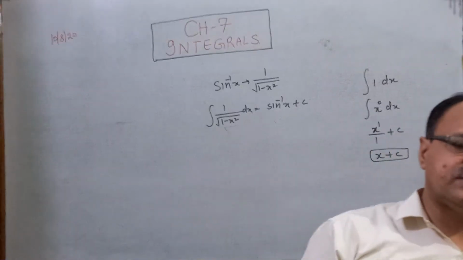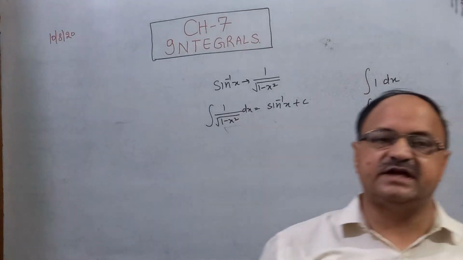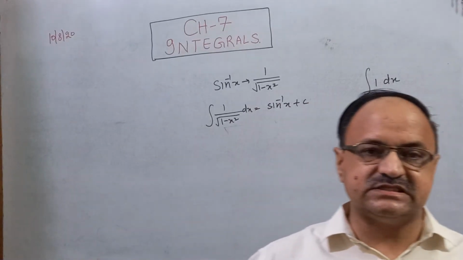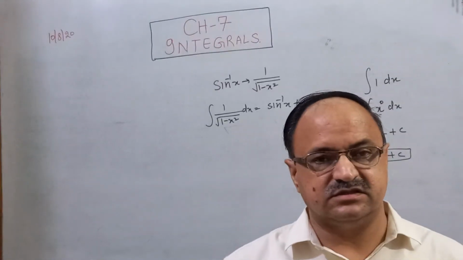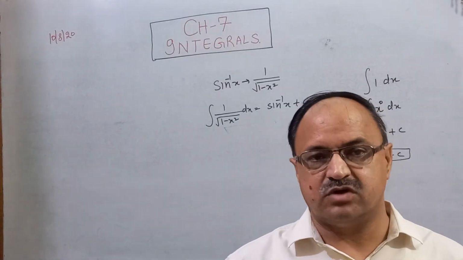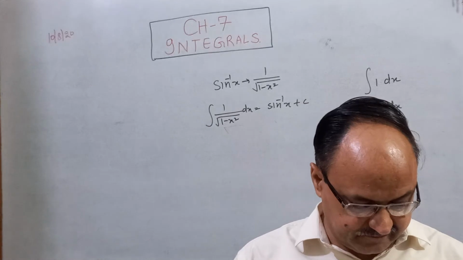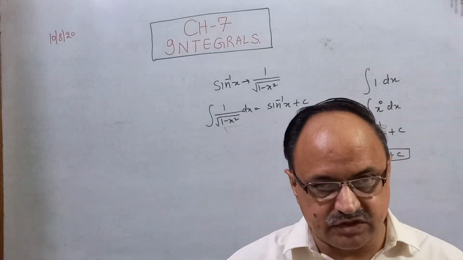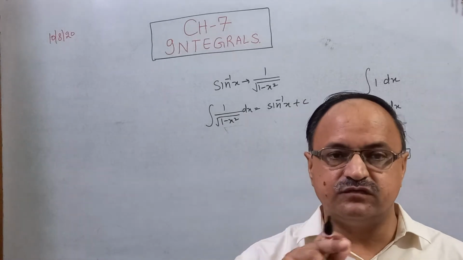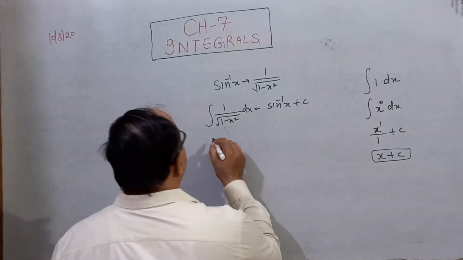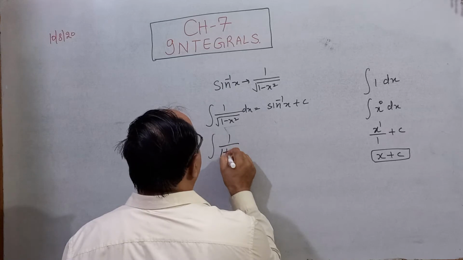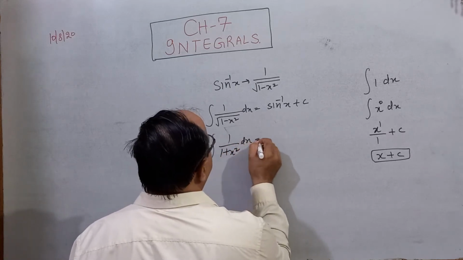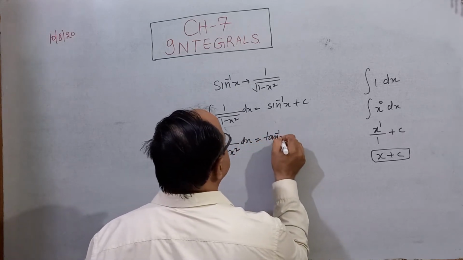Reverse process, reverse formula: if you know very well the derivatives of the functions, then there is no problem in solving the problems of integration. The derivative of tan inverse x is 1 upon 1 plus x square, therefore the integration of 1 upon 1 plus x square is tan inverse x.